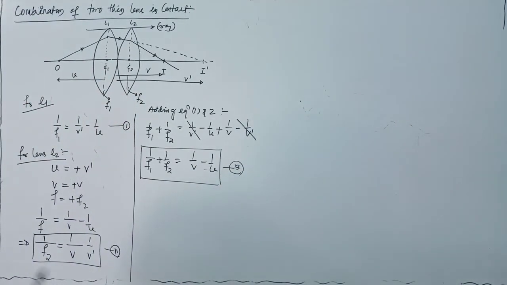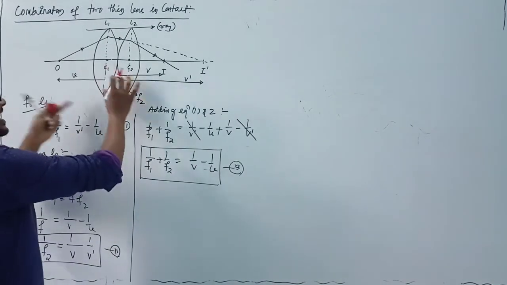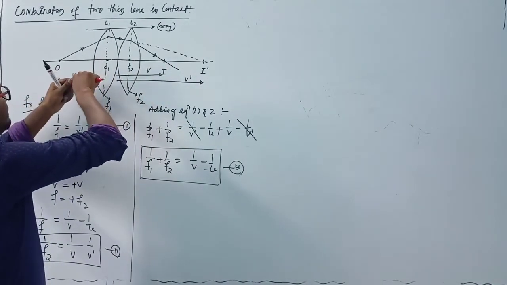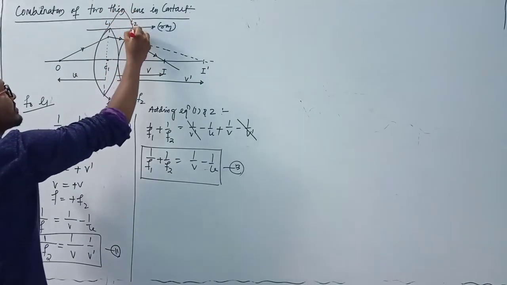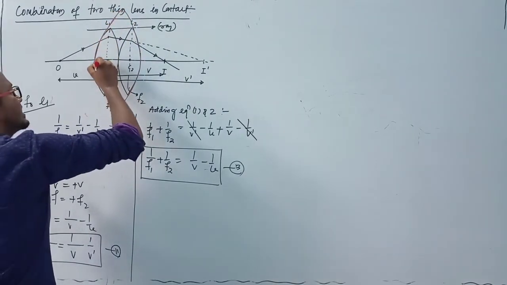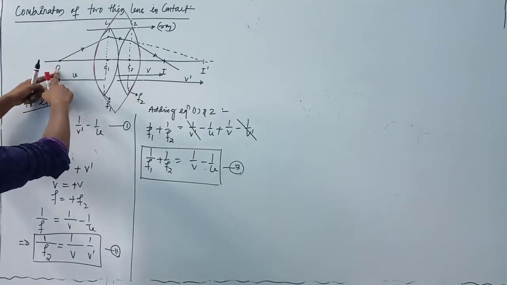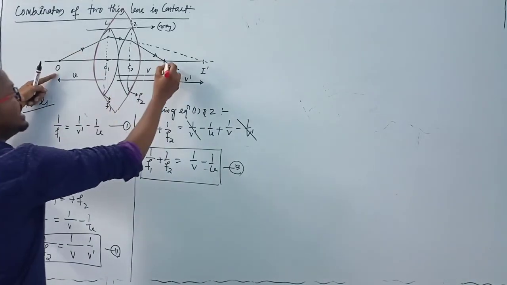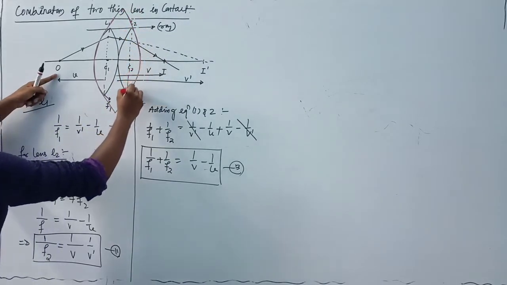Suppose we place a lens here, like this. Clear? If we place a lens here at this point, and this object is fixed here, then we get an image at this point due to this one lens.